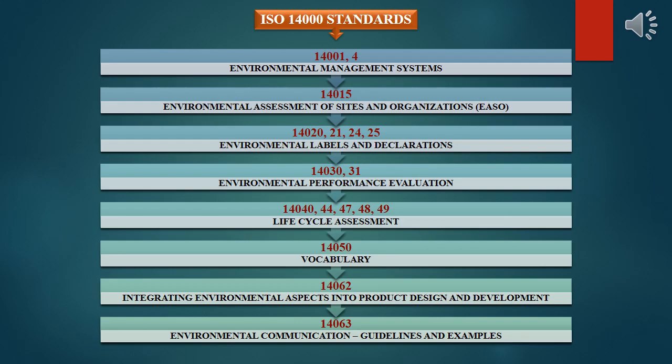What is the ISO 14000 family of standards? There are several 14000 standards given for environmental management systems, that is EMS.